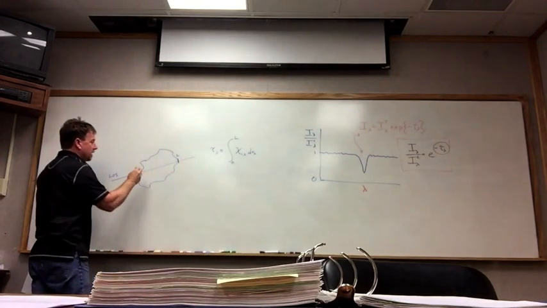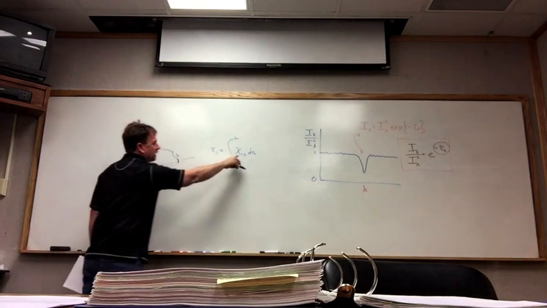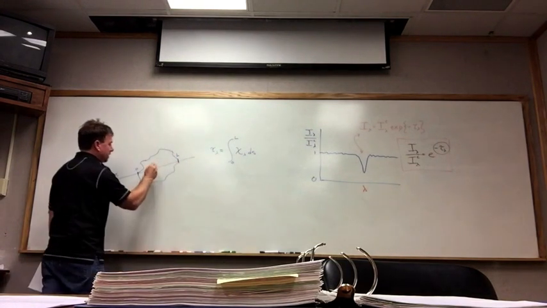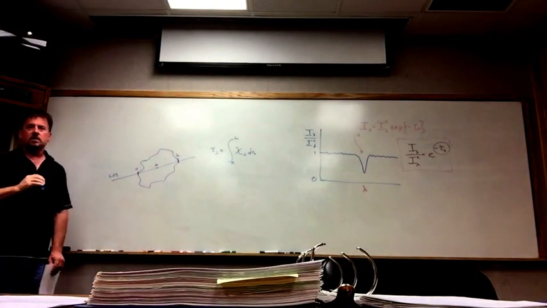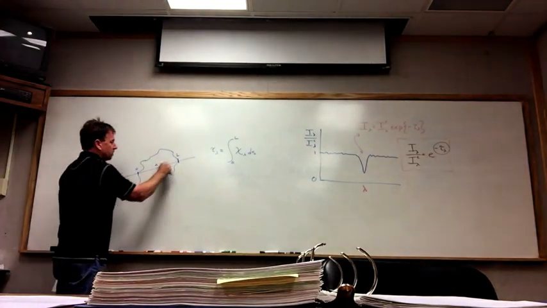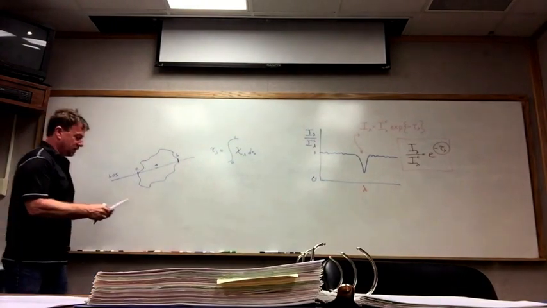Then you have some quantity that you call the opacity along that path length, ds.